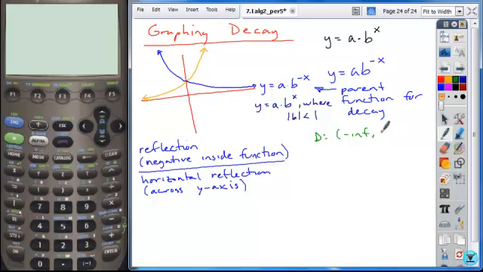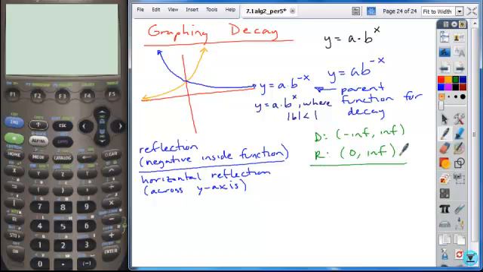So if you're identifying domain for a decay function, it's the exact same as it would have been for the growth function. And what about the range? Is there a limit to the y's? What's the lowest possible y value here? The lowest y value is 0. It never actually reaches that. It simply approaches it. And then the highest possible y value in this blue graph is, again, it extends infinitely up. So there's your domain and range.